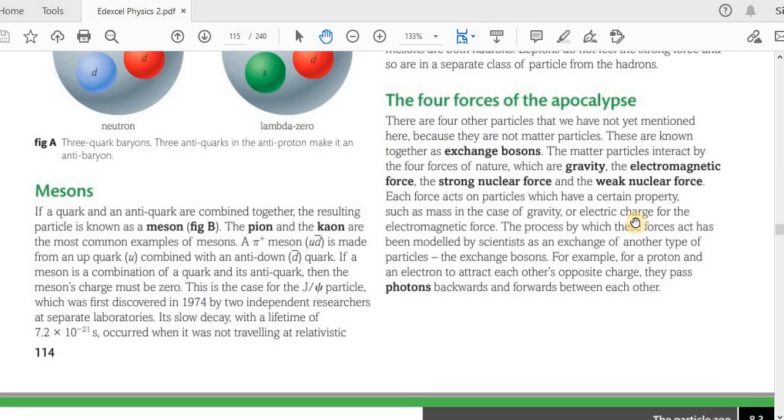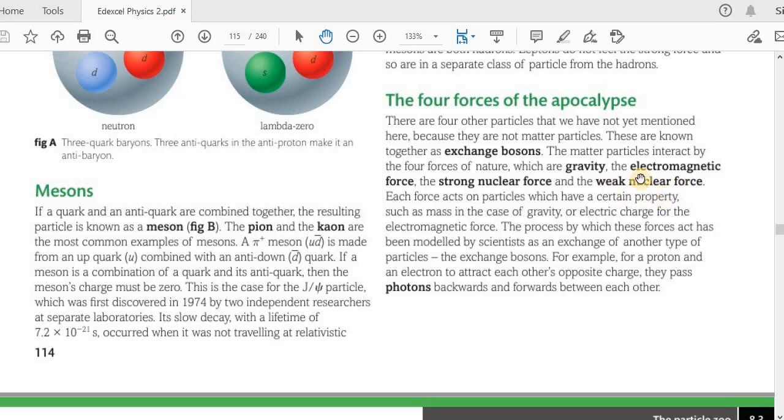Then, the four forces of the apocalypse. There are four other particles that we have not yet mentioned here, because they are not matter particles. These are known together as exchange bosons. The matter particles interact by the four forces of nature, which are gravity, the electromagnetic force, the strong nuclear force, and the weak nuclear force, also called the weak interaction.